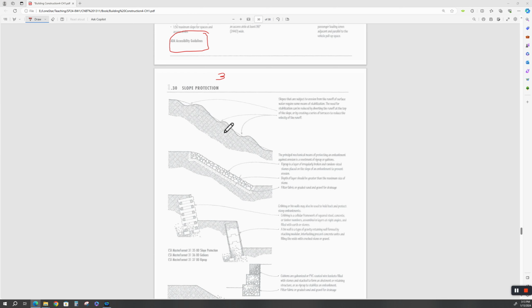All right, let's say we have this slope, and it's a part of your topography. If this is out in Arizona, you have to worry about wind erosion, which in some places is almost as damaging as water erosion.